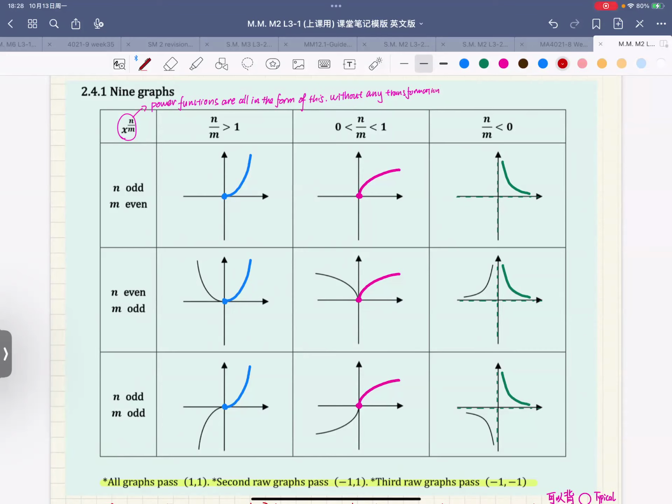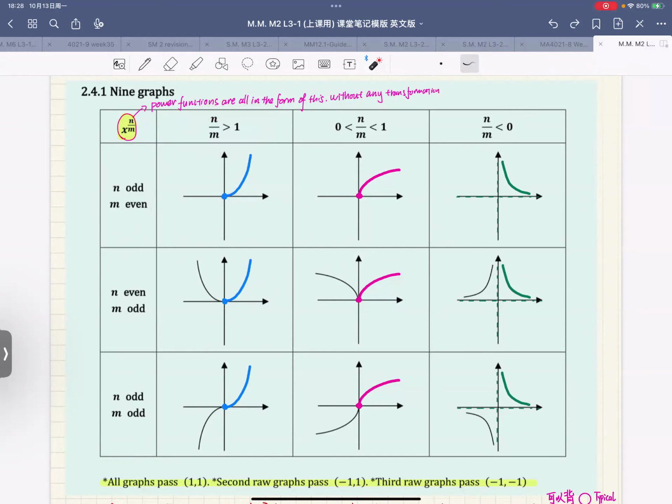Basically, all these graphs are x to the power of n over m. If n over m is more than 1, and n is an odd number, m is an even number, then you have a graph that looks like this.